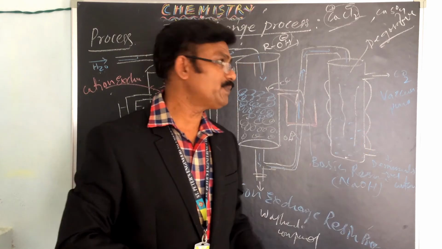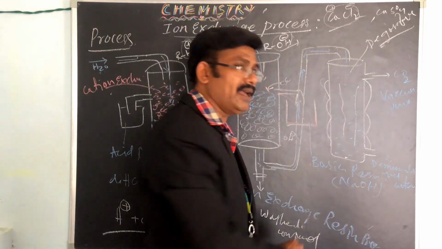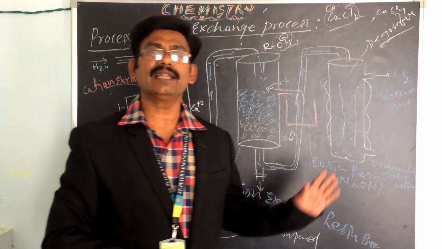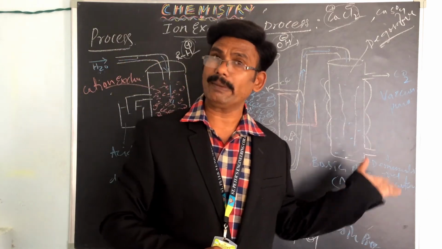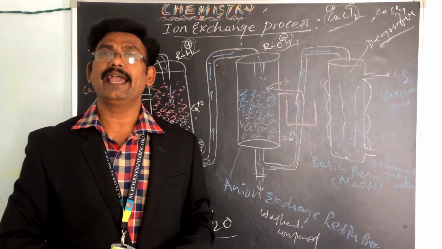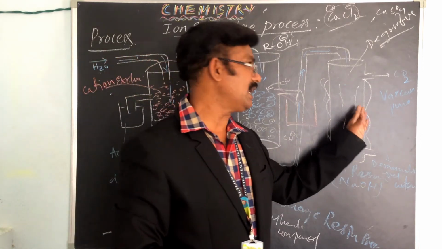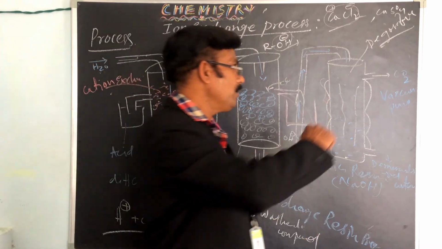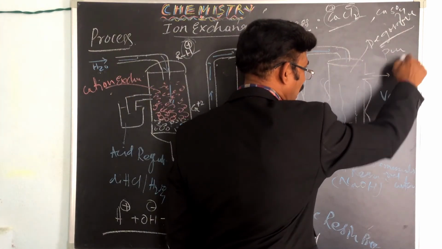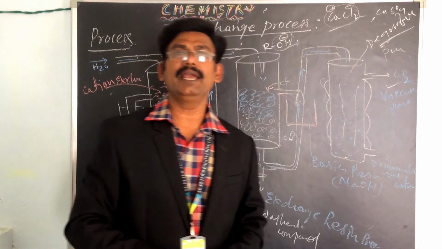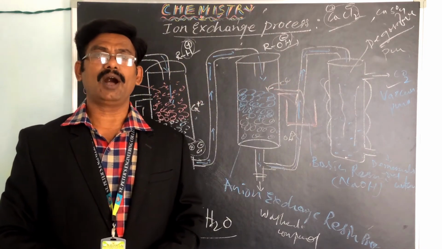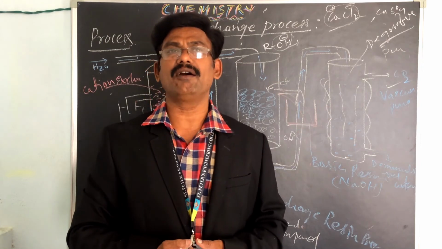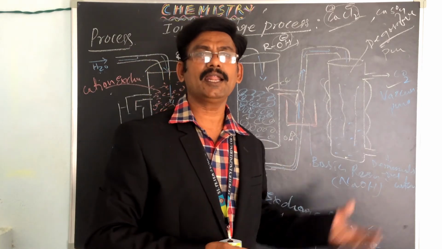The degasifier is surrounded by hot jackets. Here the dissolved gases such as carbon dioxide and oxygen escape, because the temperature is high and it is under reduced pressure, since we are using a vacuum pump. So almost all salts and gases are removed here.